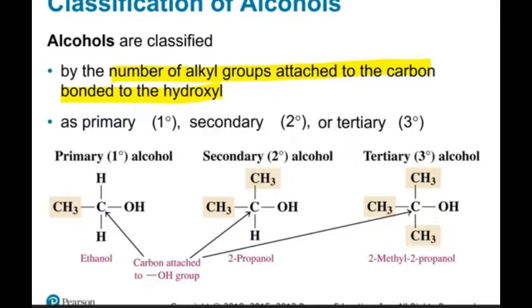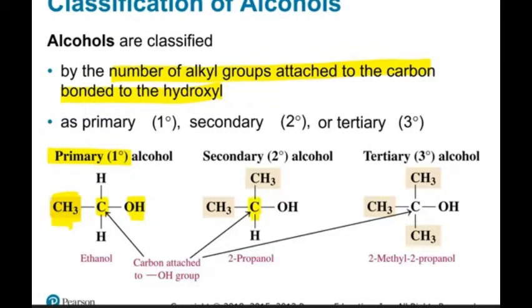So let's identify. This is the carbon, highlighted yellow, that is bonded to the hydroxyl group. How many other carbons are bonded to that carbon? Only one. So this is why we call it a primary alcohol.